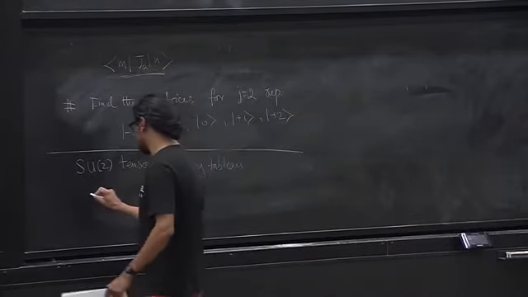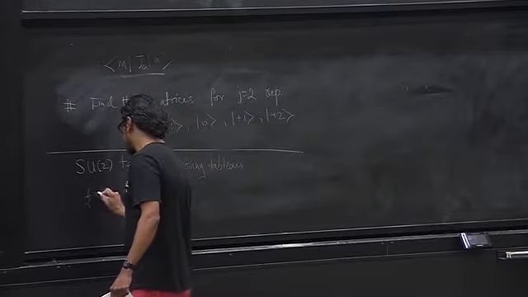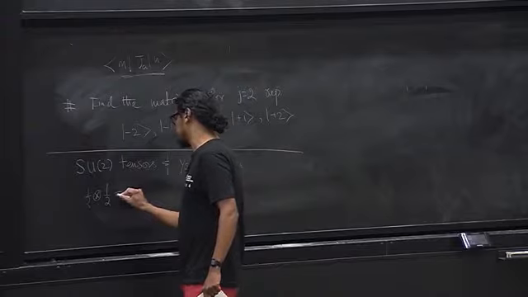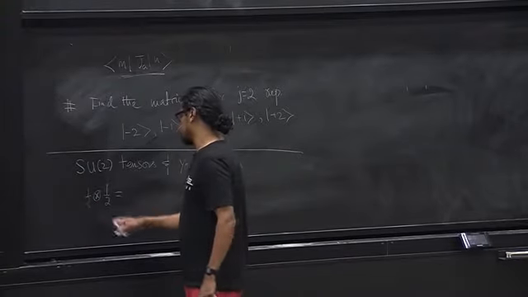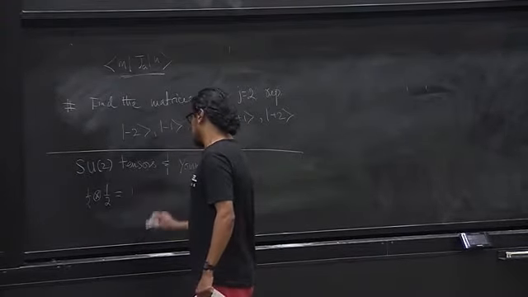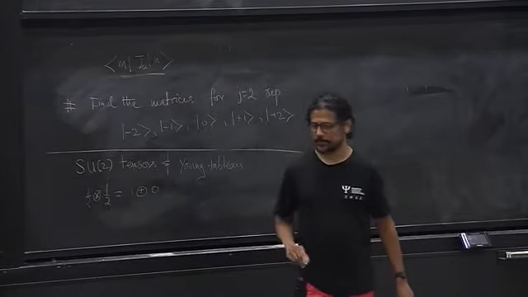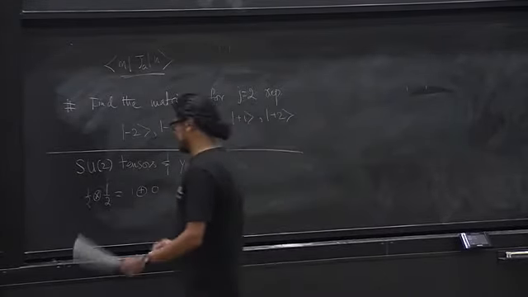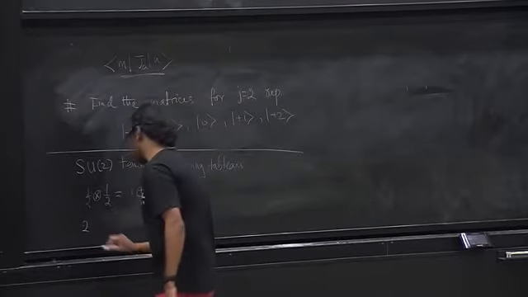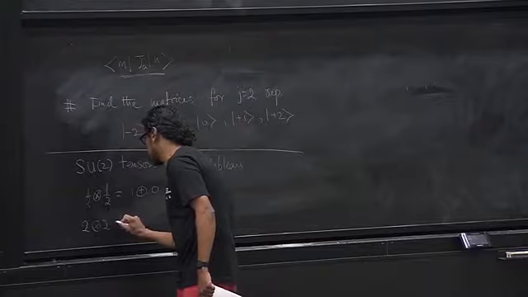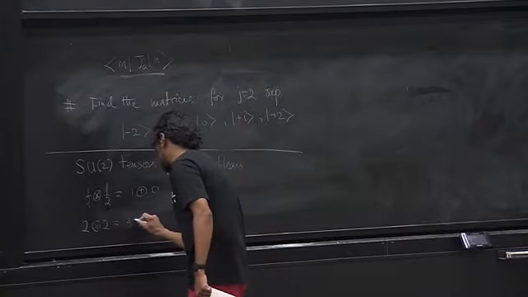The kind of question we want to ask is: you have a spin half representation, you tensor with another spin half, two electrons, say. We know that we get a spin 1 plus a singlet, a spin 0. So in group theory language, we write this as 2 times 2 equals 3 plus 1.